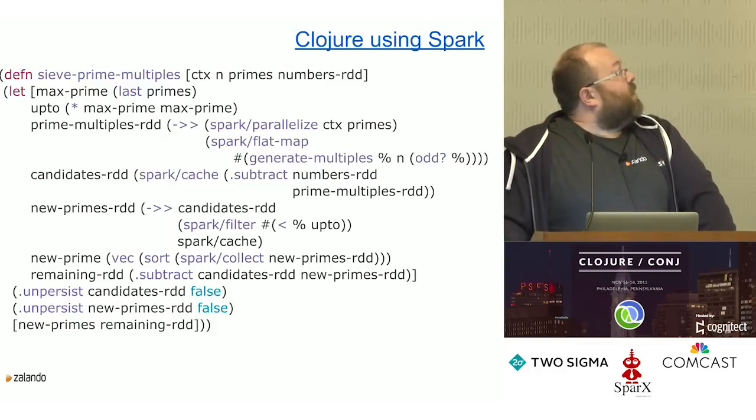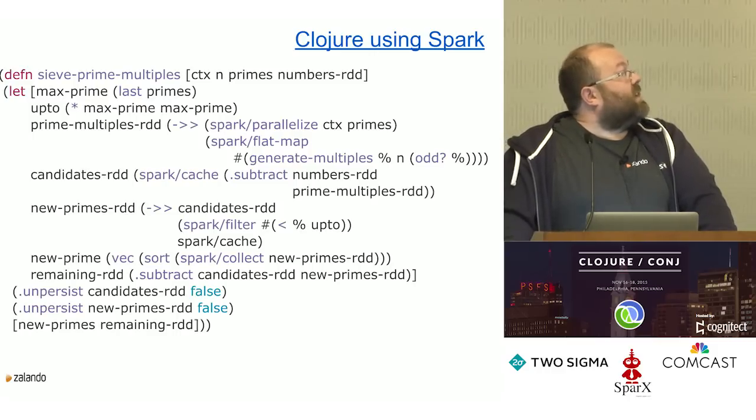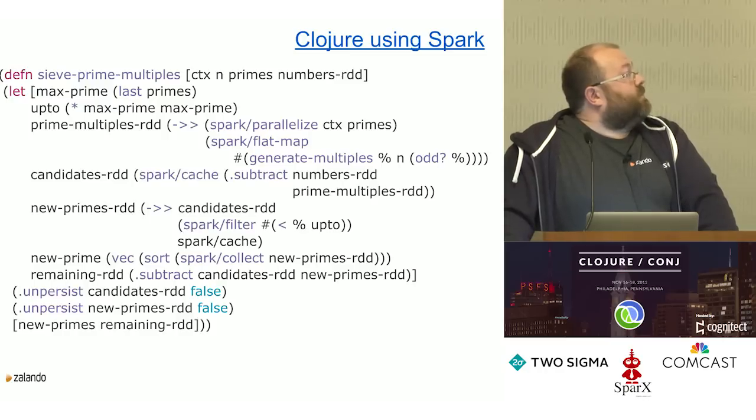So pretty much we want to know how high we need to count up to. And then we create an RDD using the parallelize operation. This basically creates a sequence that's distributed. The context is the Spark context that's passed in, and we give it the prime numbers that we want to parallelize over. Then flat map is the same as mapcat.